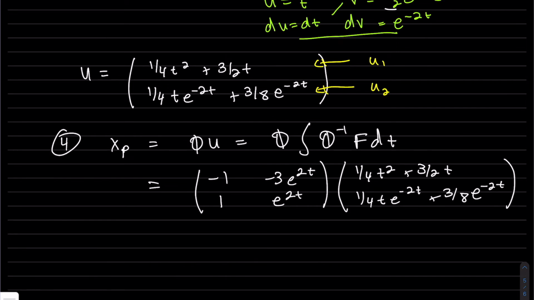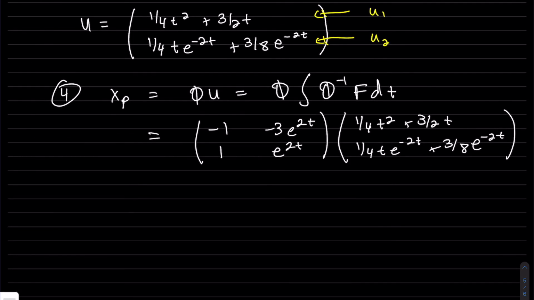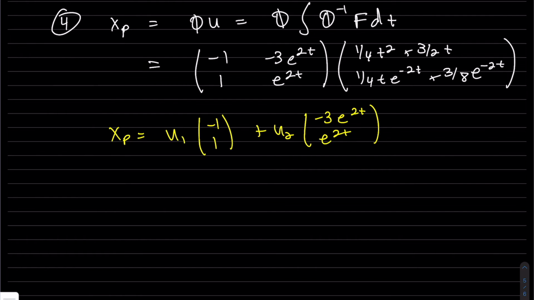Because we could multiply this out. But before I multiply it out, I want to work with it a little bit, putting back in u1 and u2. u1 times this one. Or we write it like we just did here.